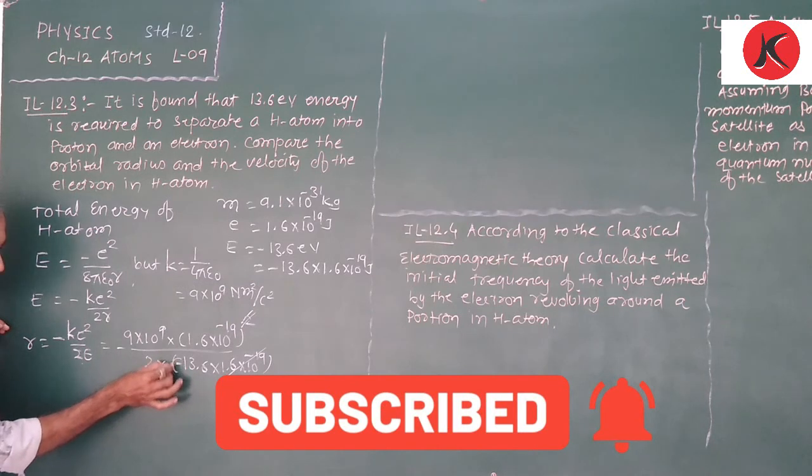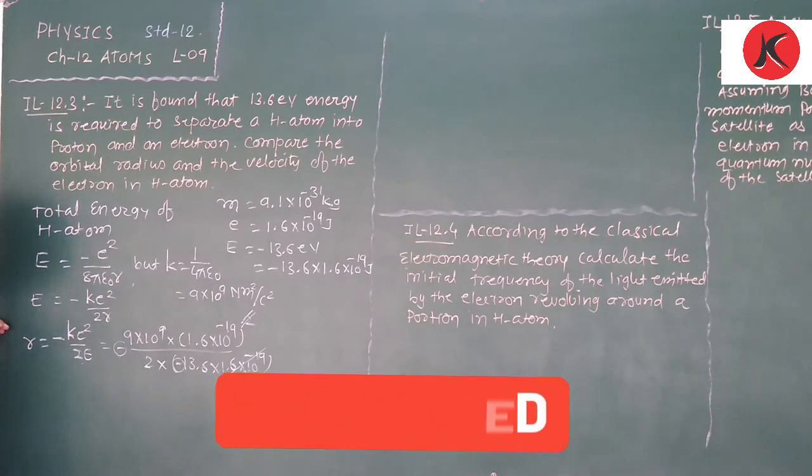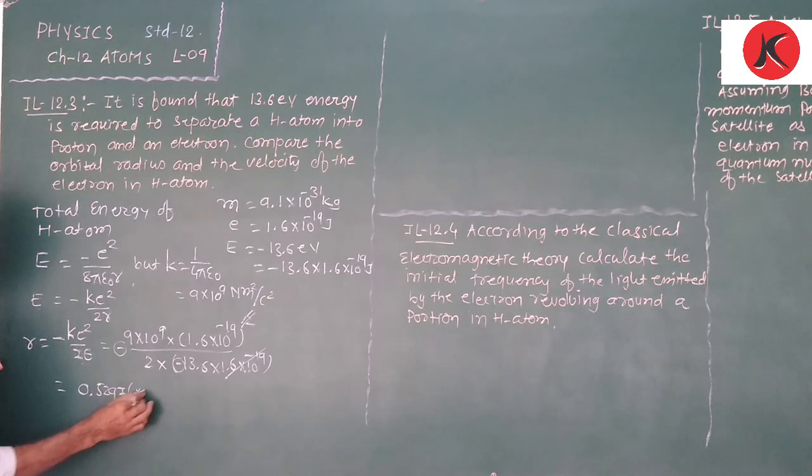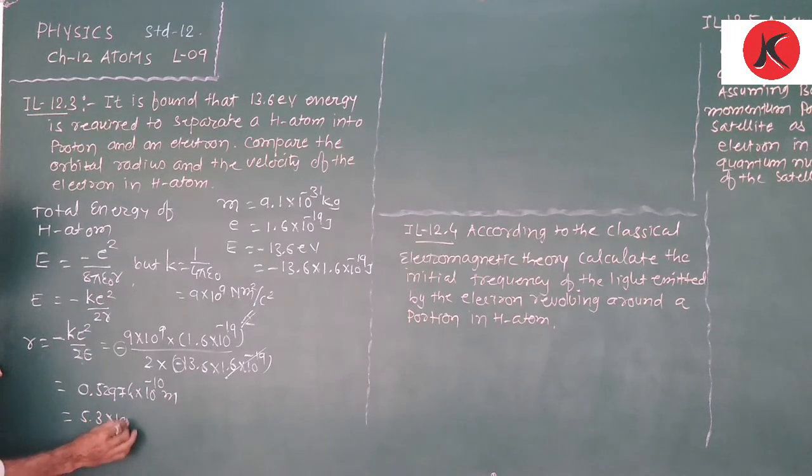Now this minus becomes plus. As we simplify, we obtain the answer 0.52974 into 10 raised to minus 10 meter. Now we can say it is approximately 5.3 into 10 raised to minus 11 meter. This is the radius of the electron in the hydrogen atom.